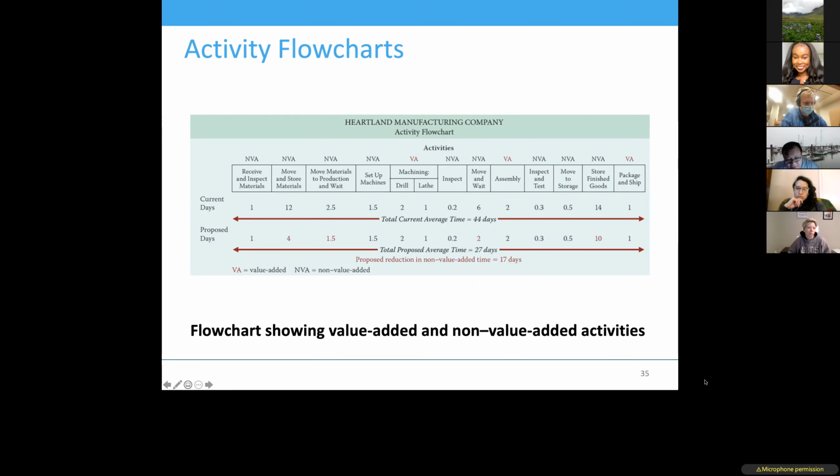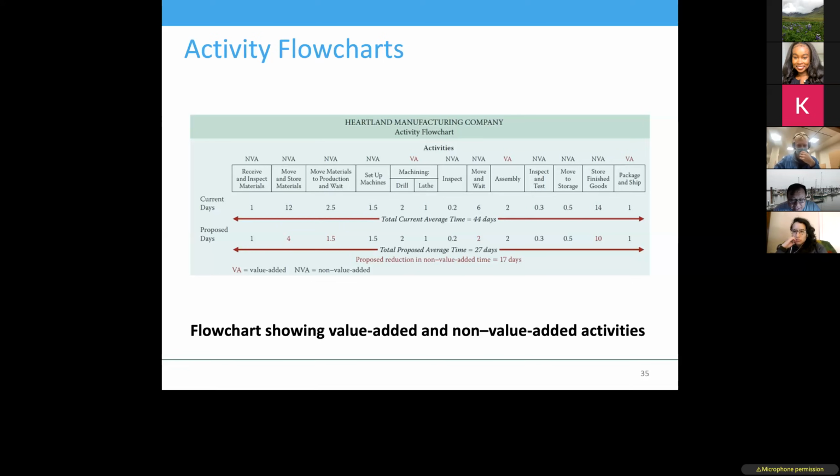Do we have any questions? Nima? Yeah, I just wanted to clarify that. So for non-value added activities, they're still important to the company. It's just they're not that important to the customer, right? Yes, in a sense, it doesn't add value to the customer.